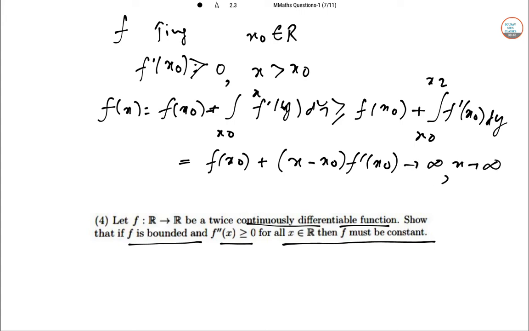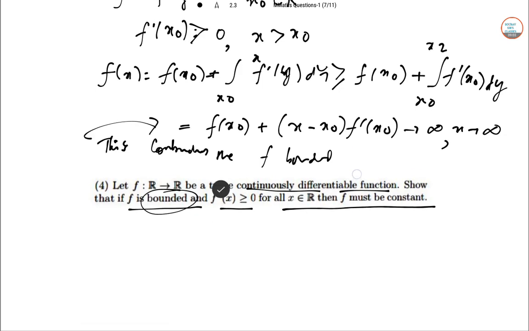So this statement contradicts the fact that f is bounded, which is given here.